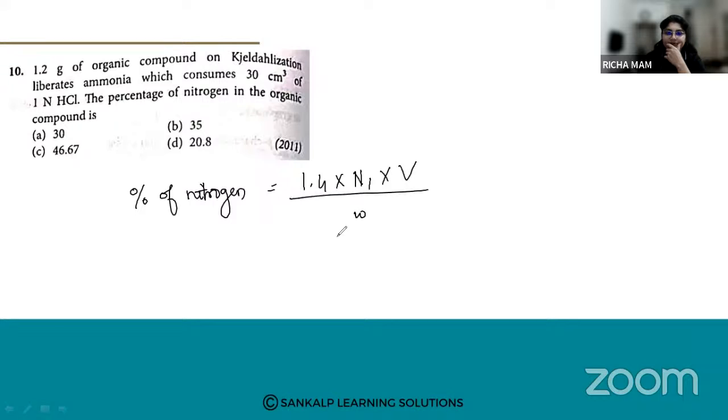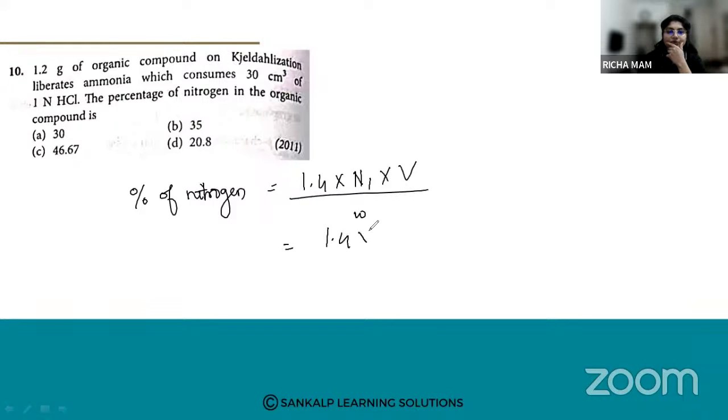1.2 grams of organic compound on Jaldalization liberates ammonia, which consumes 30 centimeter cube of 1 normal HCl. The percentage of nitrogen in the organic compound is, same formula, percentage of nitrogen is equals to 1.4 into N1 into V divided by weight.